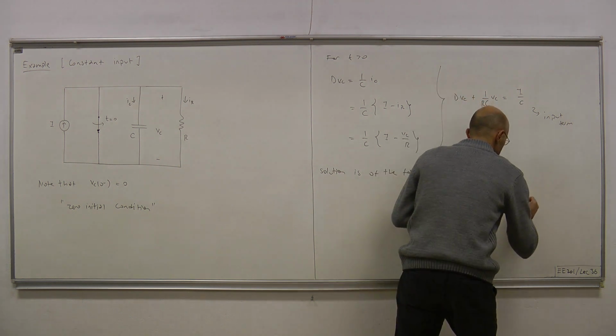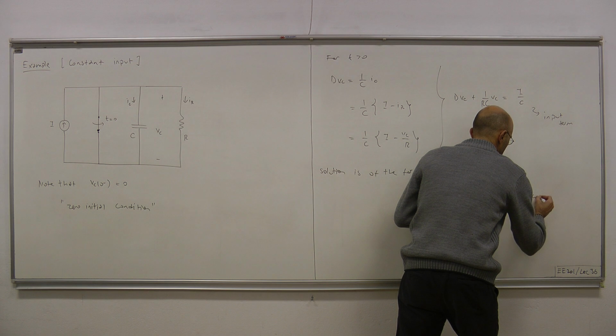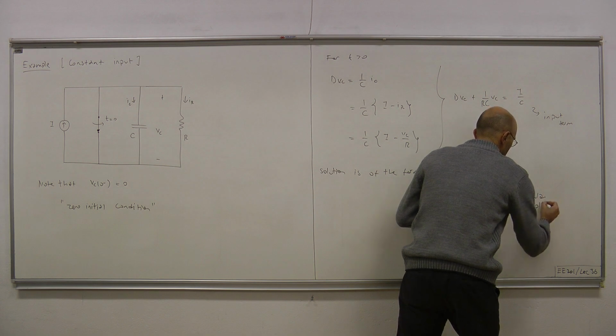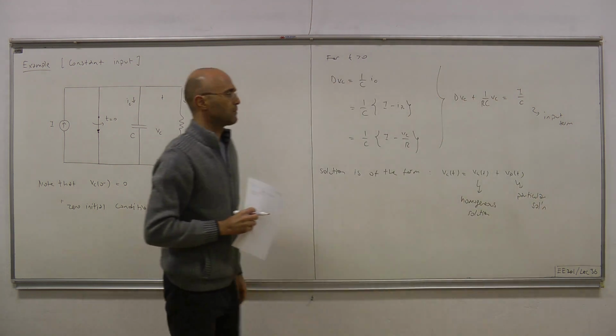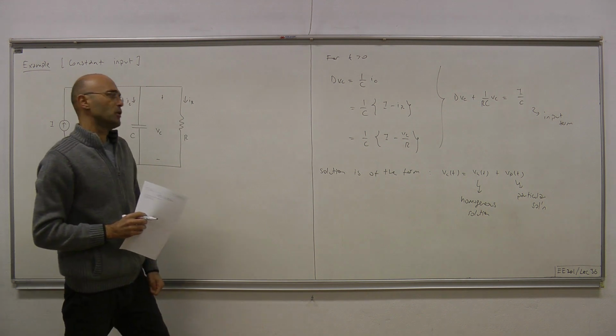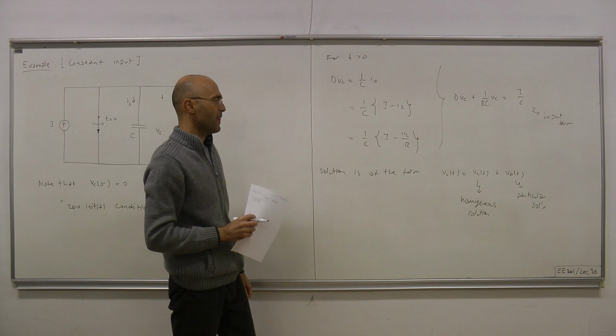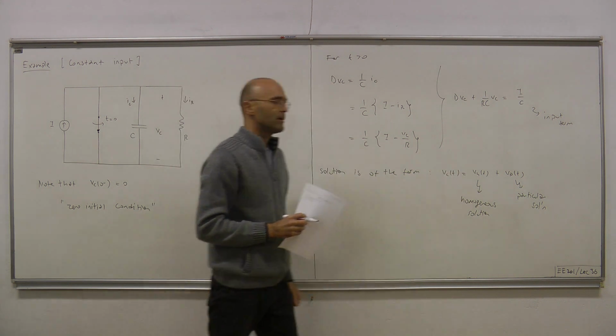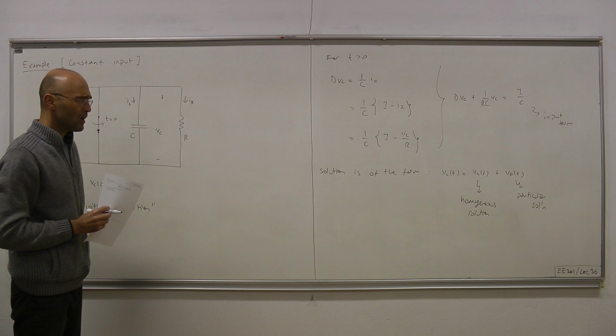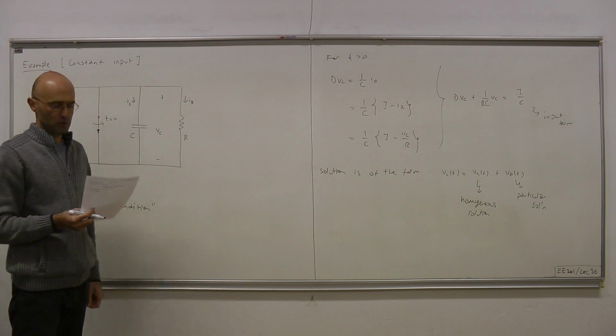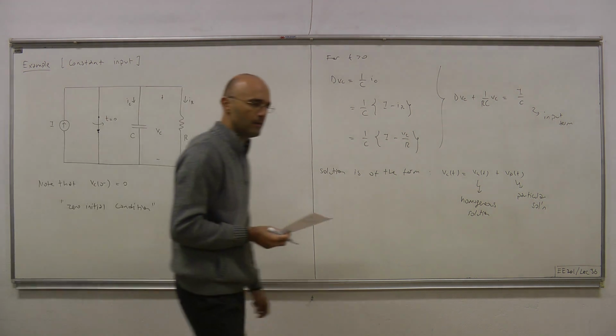What we're going to do is figure out the homogeneous solution, figure out the particular solution, and by summing them up, we obtain our overall solution. Okay, so let's do that.